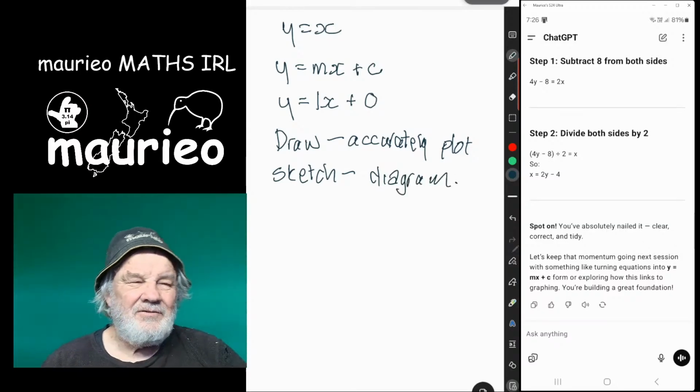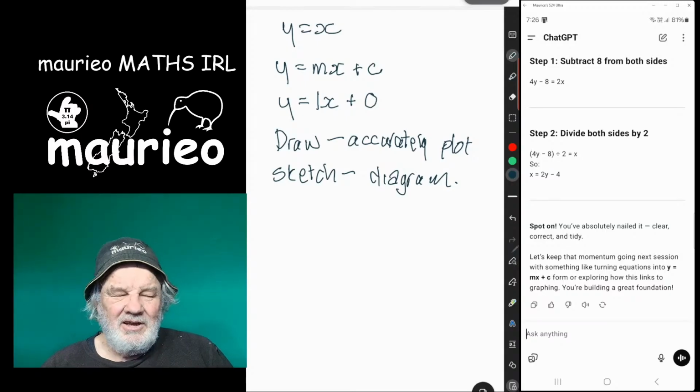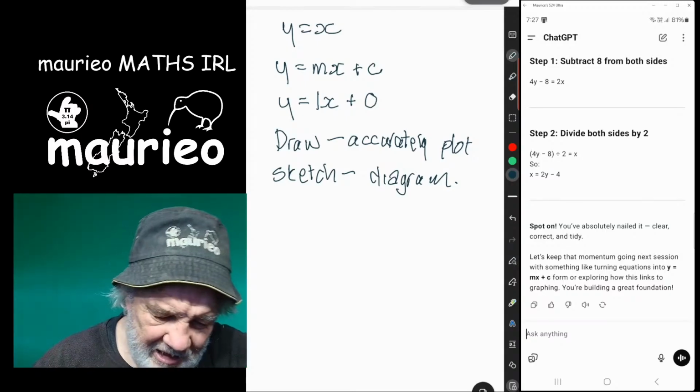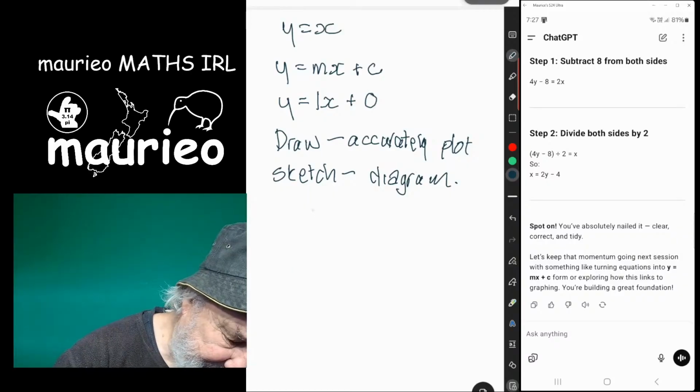So it doesn't have to be accurate. So we can sketch y equals x.